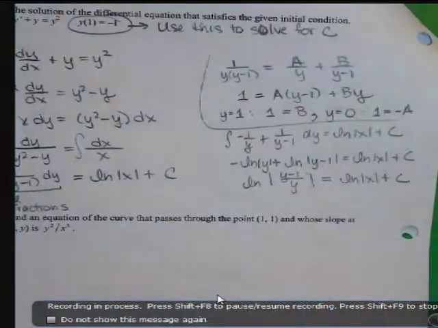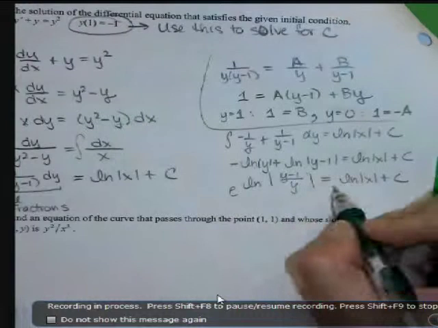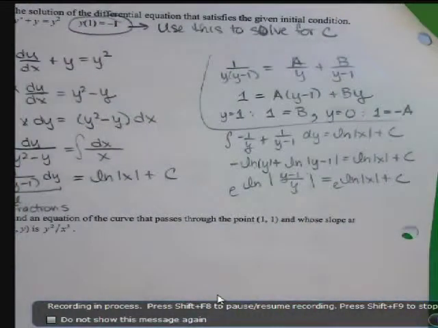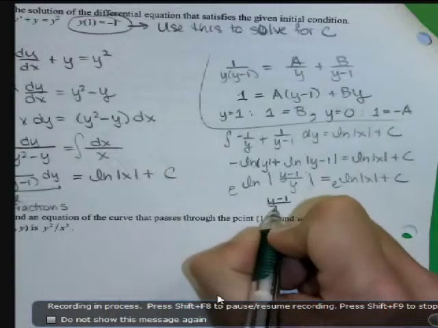And then we could exponentiate both sides. So e to the natural log, so y minus 1 over y.